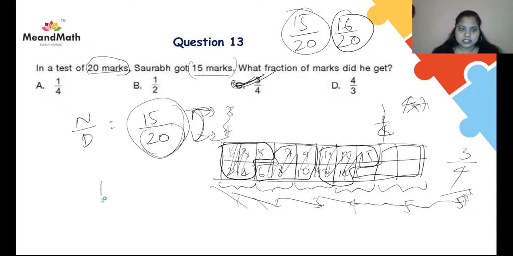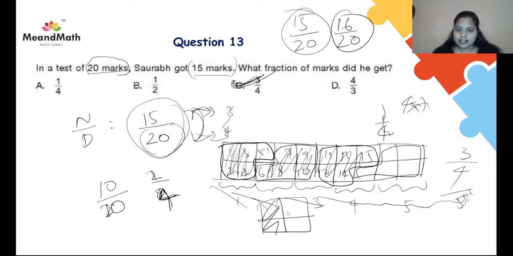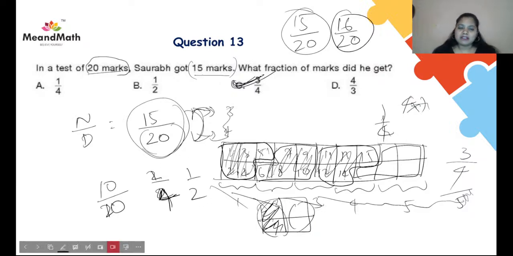Now in case it is 10 by 20, we can group this again as 5 parts and 5 parts, so this will be 1 by 2. This will be 2 by 4, but again 2 out of 4 parts is clearly half. Similarly we are grouping so that both the numerator and denominator can be grouped together.